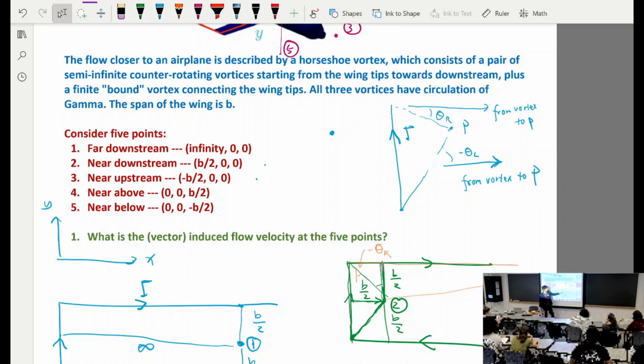So y is the coordinate along the vortex direction. So I'm always going to have the bigger y minus the smaller y. And in this case, the bigger y corresponds to a bigger theta, the smaller y corresponds to a smaller theta.